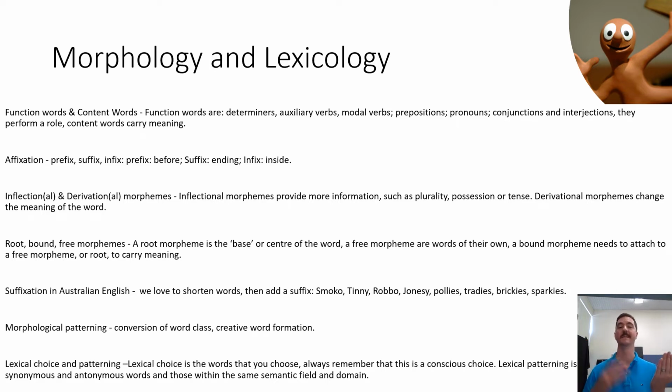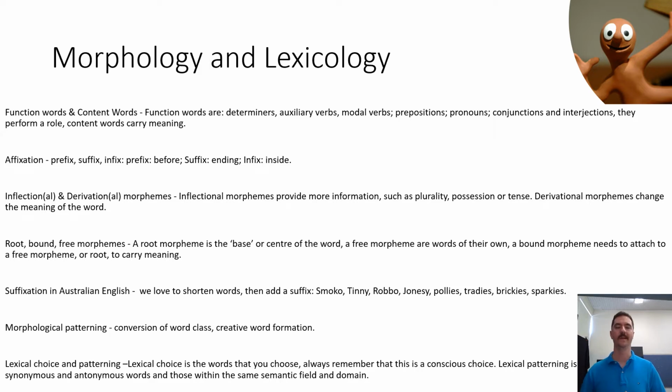Affixation: prefix is at the start, suffix at the end, infix is in between, so something that's abso-bloody-lutely fantastic. You can see there's an additional morpheme added in there. Inflectional and derivational. Inflectional changes the number, the quality, the type: cat, cats. Derivational changes the word, so mad, maddening, different concepts.